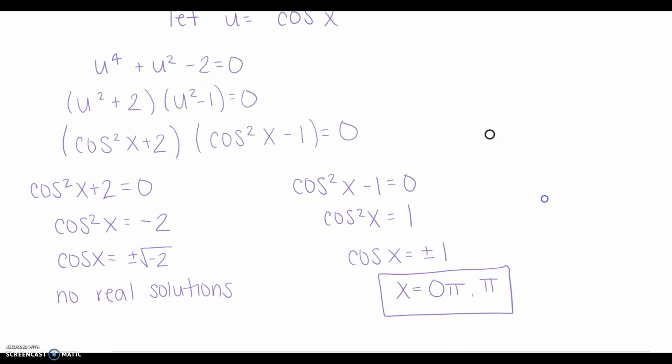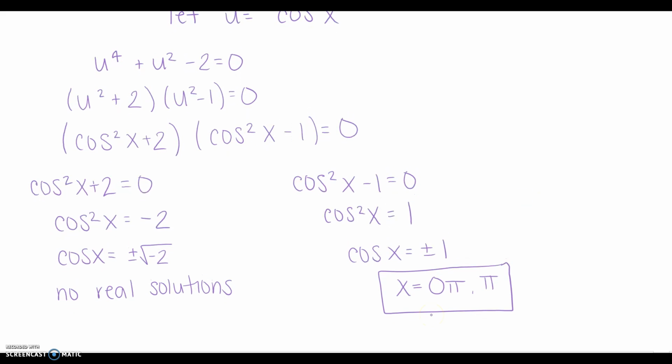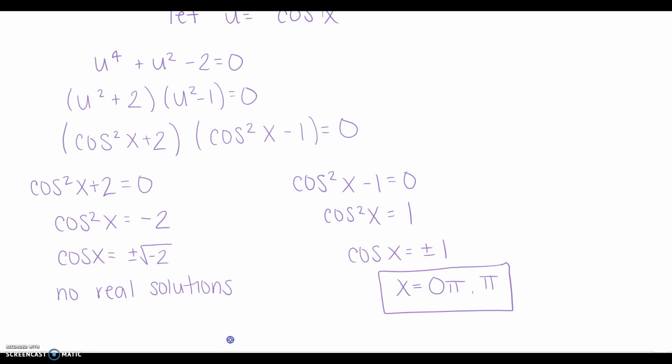Alright, so hopefully you and your group mates got 0, pi and pi. So I'm just going to talk about it real quick. So when you factor, you get cosine squared of x plus 2 equals 0, and you simplify and get plus or minus the square root of negative 2, which is not possible, so there's no real solutions.